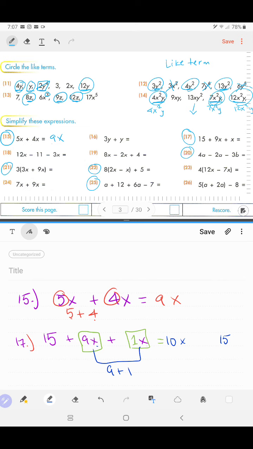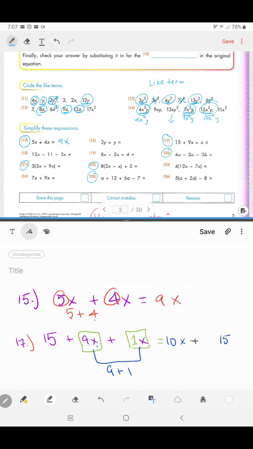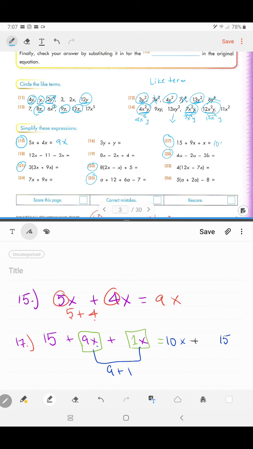And then 15 was a positive 15 because there's no negative sign here. If there was a negative sign here, then it would be minus 15. But since it's a positive number, it's plus. So for number 17, it's 10x plus 15.